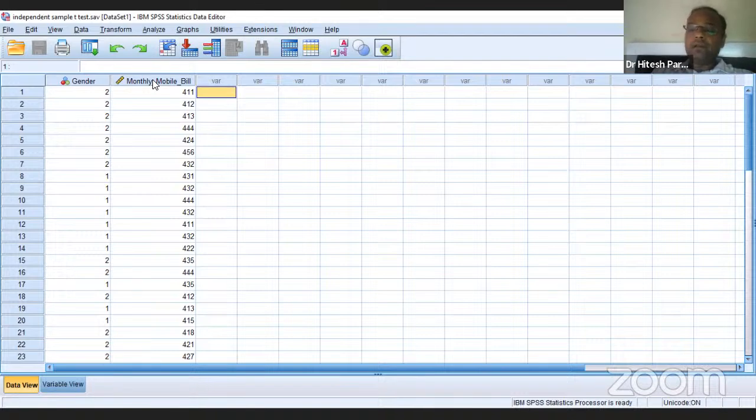Say for example, the software has reported 0.23 as the p-value. Now what is our level of significance? Our level of significance is 5%, 0.05. So up to 0.05 you can reject the null, and if the value is greater than 0.05 then you fail to reject the null.